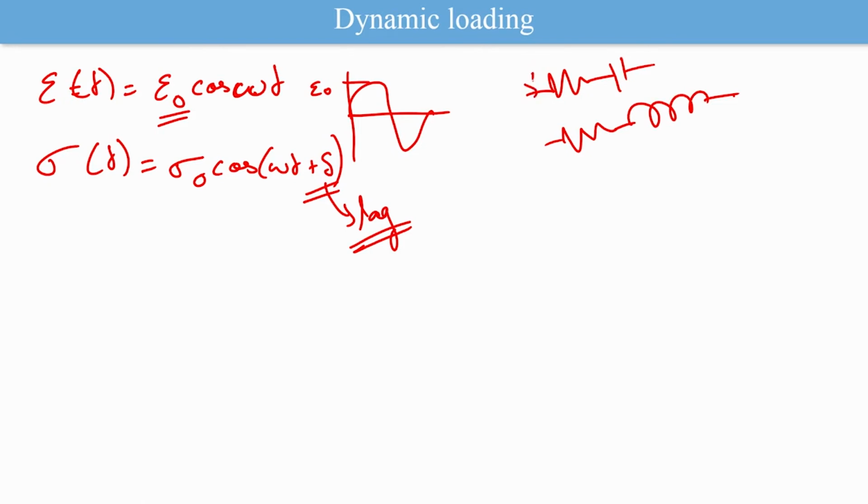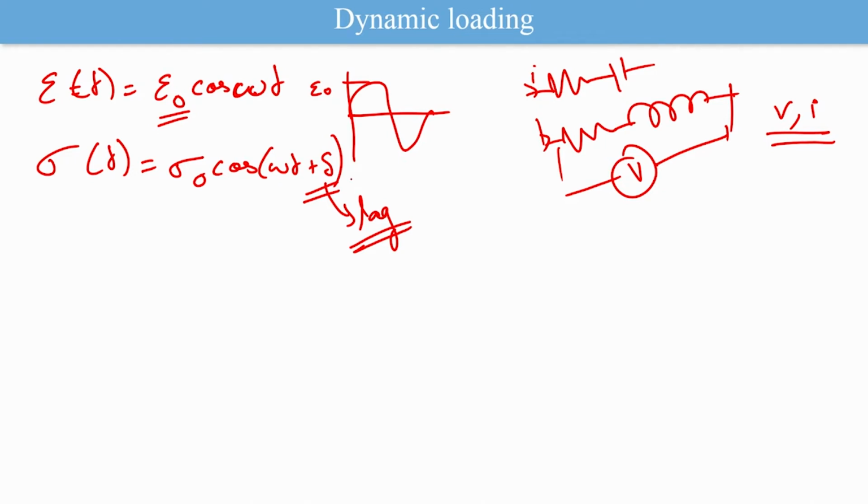When we apply a current or a potential between these two, there can be a lag or lead of current and potential. Similar to that, in mechanical dynamic loading, the stress lags the strain that we apply by an amount delta.